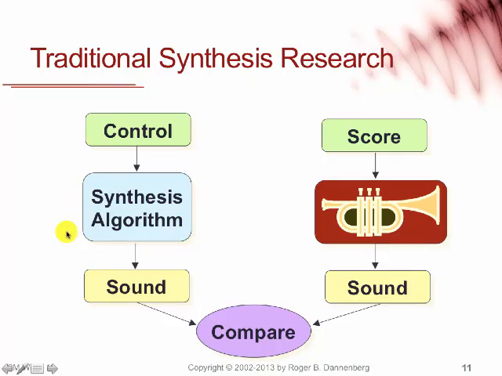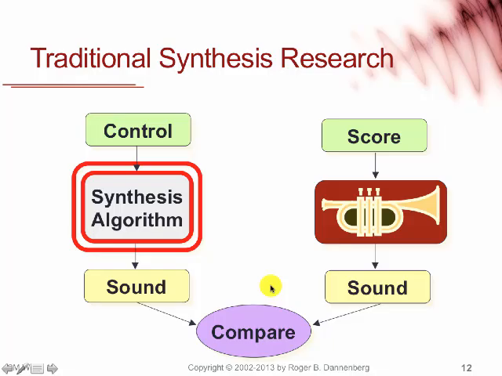So we've seen table lookup algorithms, we've seen FM synthesis, and so on. And the idea has always been that if you could just come up with the right algorithm that produced the right spectra, then you could figure out how to control it and you could make good sounds. So the tradition has been to build a synthesis algorithm, make some sound, take a performance of a real acoustic instrument, make some sound, and compare them. So the focus, once again, is on the synthesis algorithm.